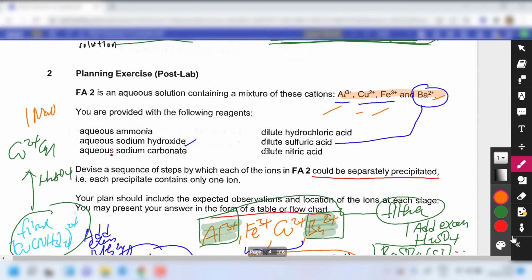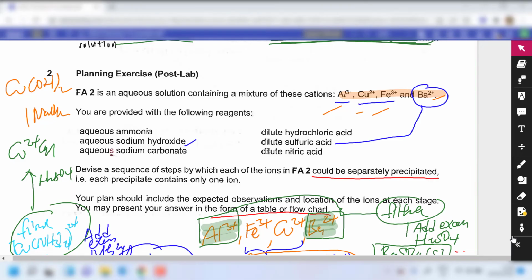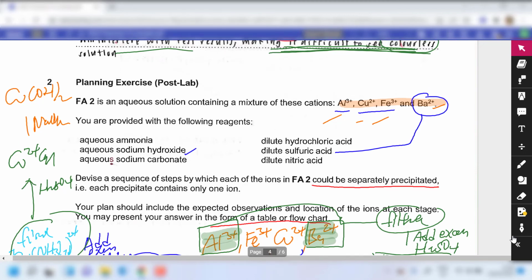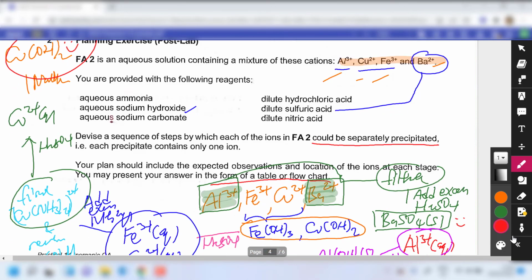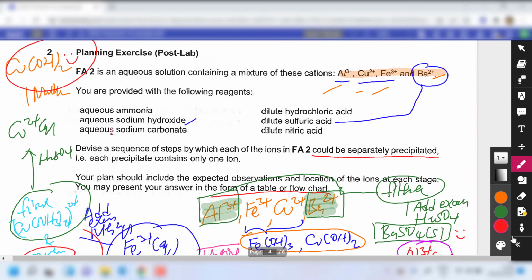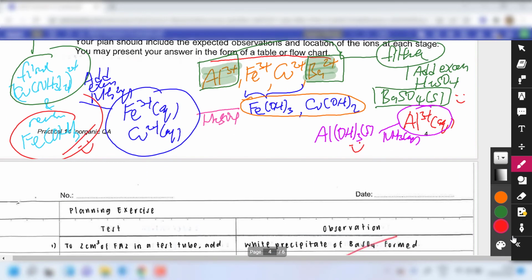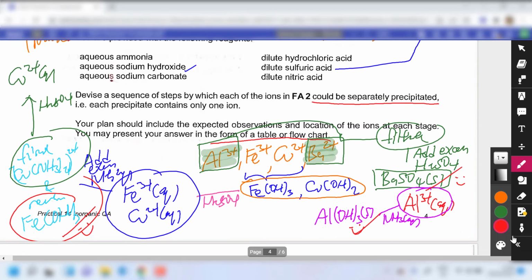Once we introduce sodium hydroxide, we will get copper 2 hydroxide as the precipitate. So from here we'll be able to get the precipitate out, and then we are happy with this. So we have successfully separated all 4 as precipitates. So 1 here, 2, and 3, and 4.